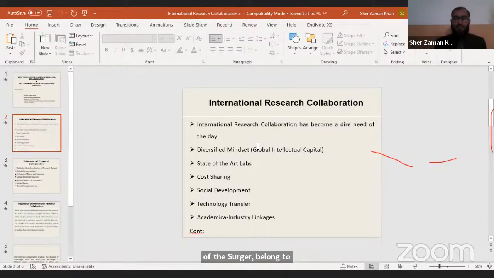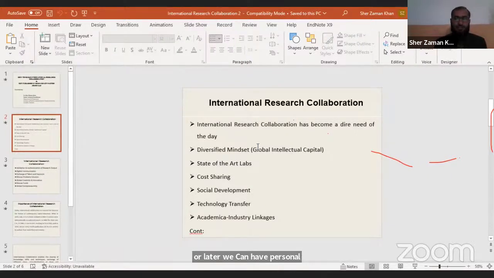By doing this type of work, we can build social development. We can improve our social relationships, and it is possible that sooner or later we can have personal visits to these research labs and universities physically.